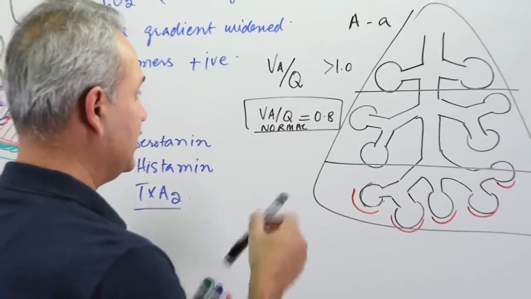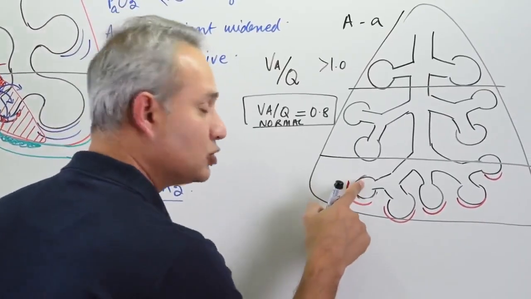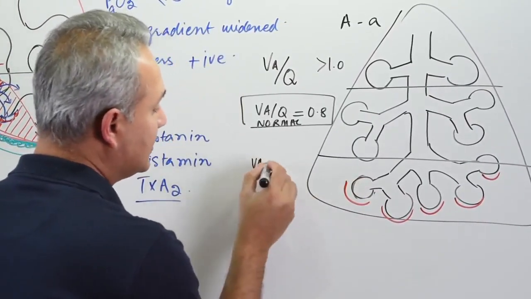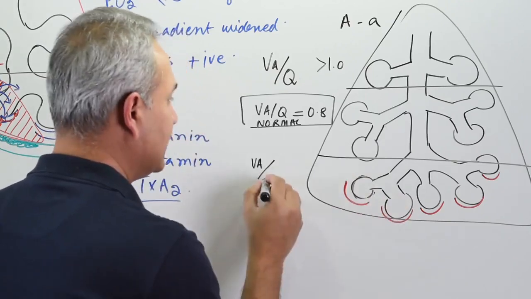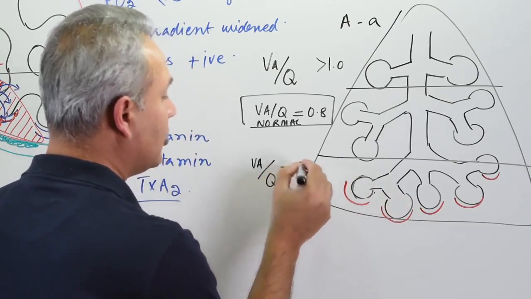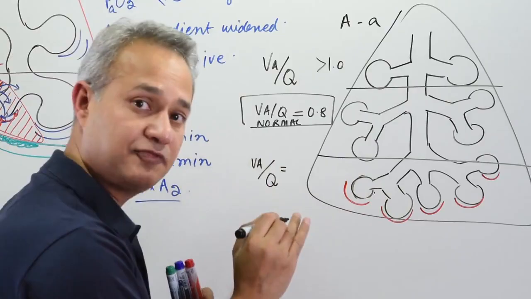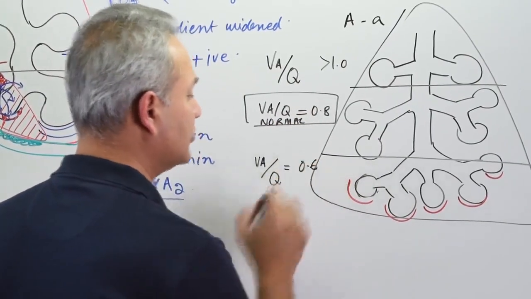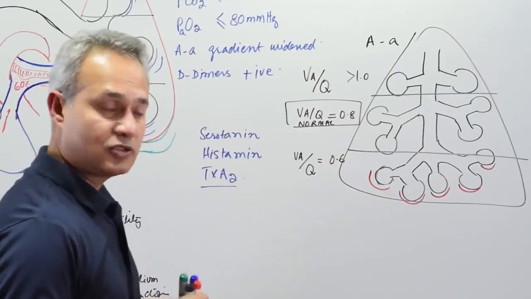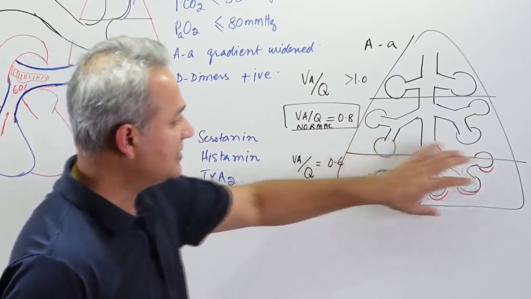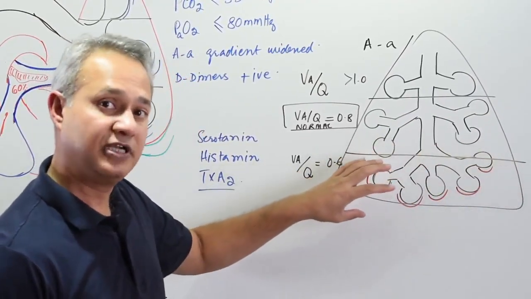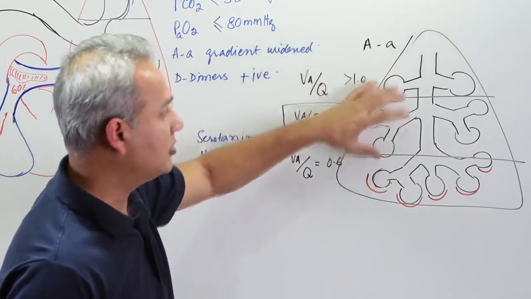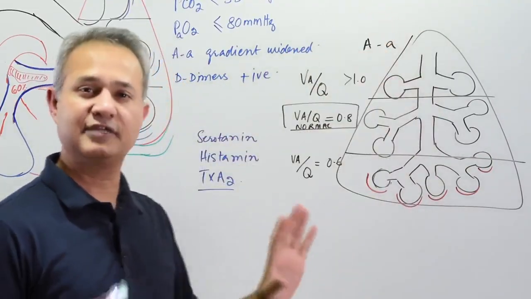Because of the smaller airways, ventilation is less, however perfusion in this area is more, and that would cause the ventilation perfusion ratio to become even smaller than normal, normally about 0.6. So we normally say that this area is hypoventilated, this is sort of hyperventilated, this is normal, and the average is about 0.8, and we are happy with that.